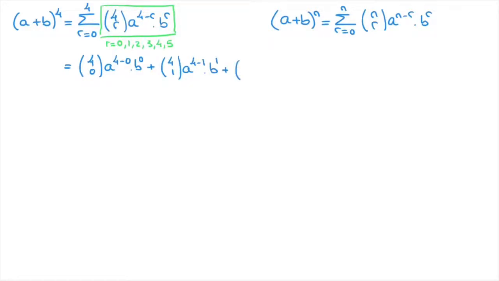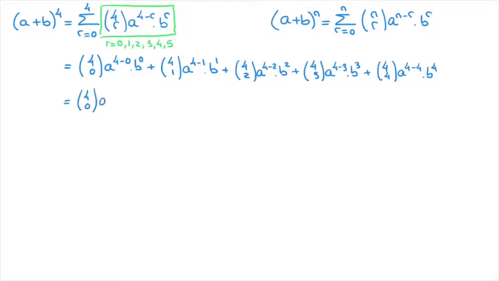Plus the case where r equals 2, so that's (4 choose 2) times a to the power of 4 minus 2 times b to the power of 2, plus the case where r equals 3, so that's (4 choose 3) times a to the power of 4 minus 3 times b to the power of 3, and finally we add the case where r equals 4, so that's (4 choose 4) times a to the power of 4 minus 4 times b to the power of 4.